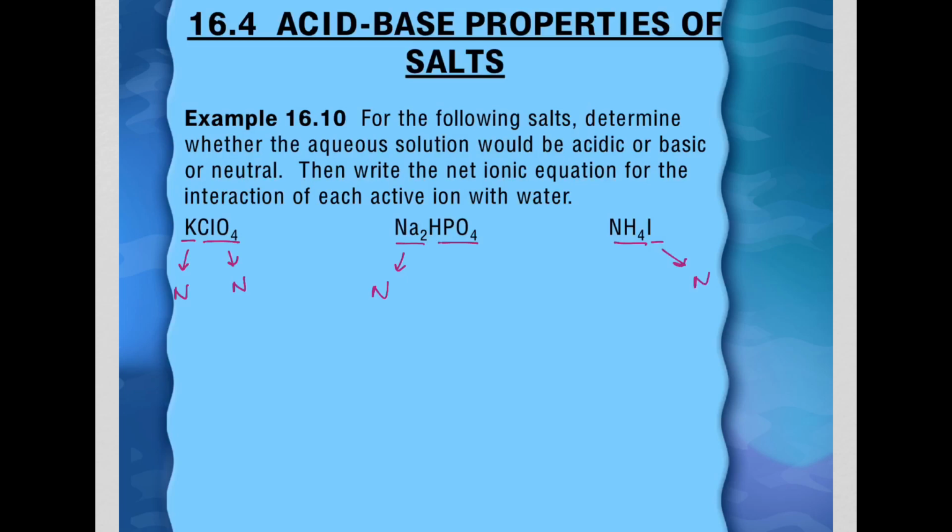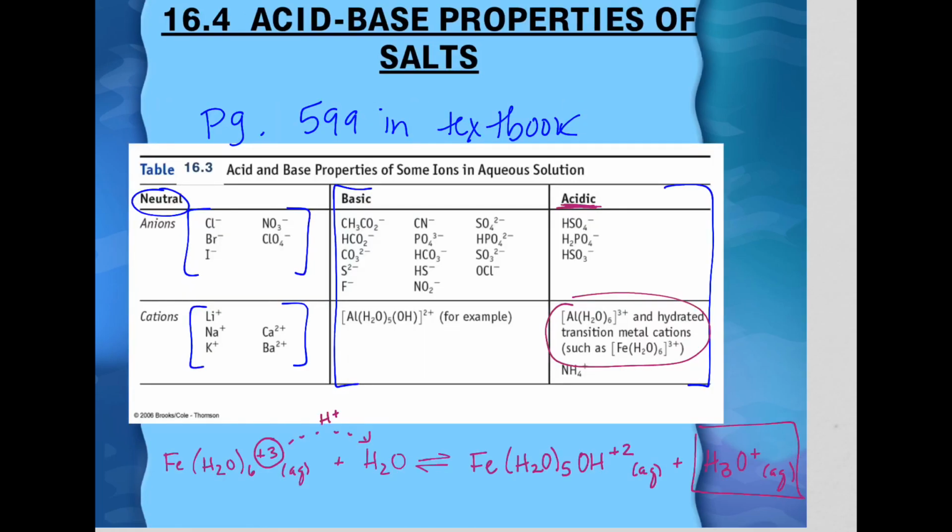But you would see that HPO4 minus, you would find that in the list as one that would result in a basic solution. And NH4 plus, you'll find that in the column listing something that would produce an acidic solution. So you'd find those, if I go back here, just clearing this off a little bit. If you were having trouble finding those in your chart, you would see them.